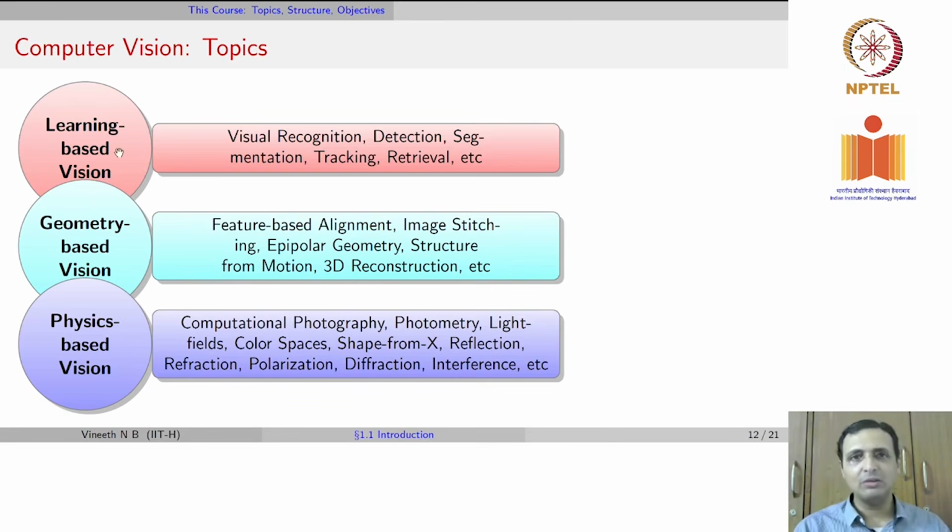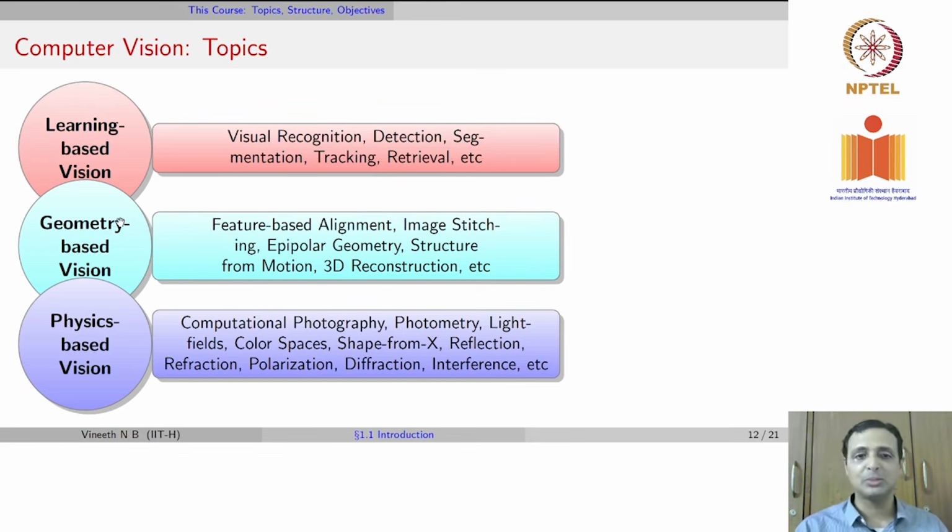By learning-based vision, we generally refer to problems in computer vision such as visual recognition, such as object recognition or gesture recognition or emotion recognition from images, detecting your face in a Facebook photo, or segmentation, where you segment a scene into various parts at a pixel level, or tracking an object, or retrieving an image based on a search query, and so on and so forth. Typically, all of these are solved using learning-based methods. So that's one segment of computer vision.